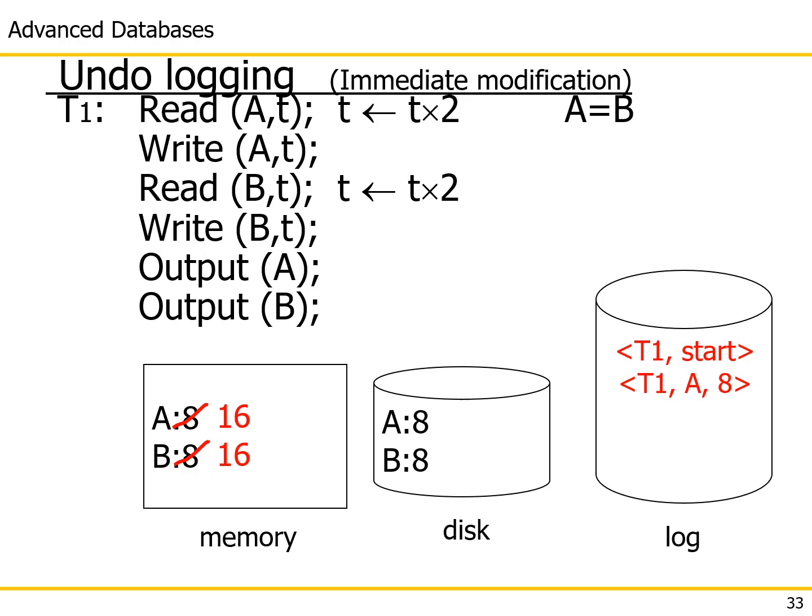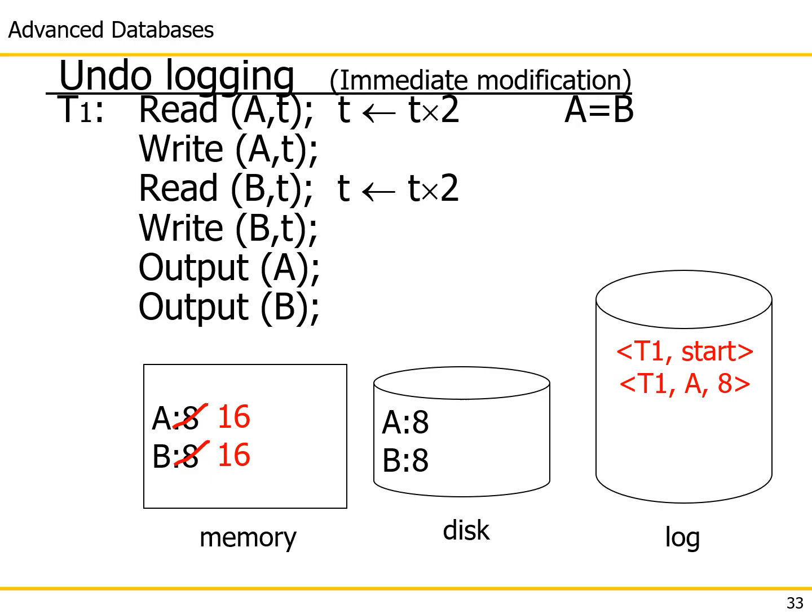It gets notification from the buffer manager that this specific transaction is making this change. How does it know that? Because remember, the transaction is going to call write and read in the buffer manager. So when T1, in the third step, calls write 16 into A, the buffer manager notifies the log manager.